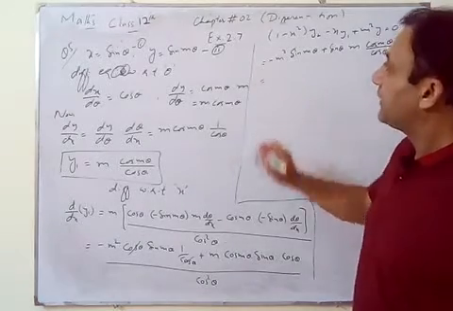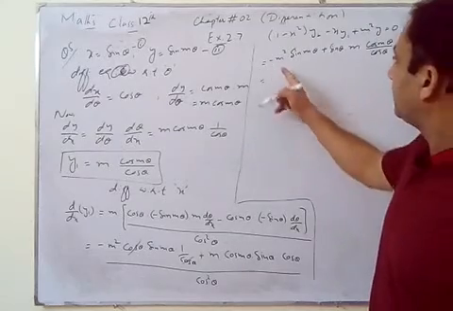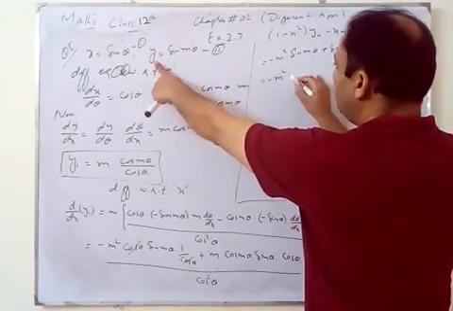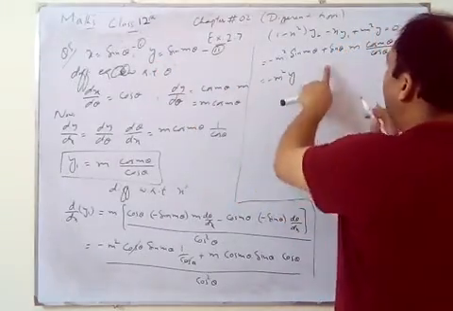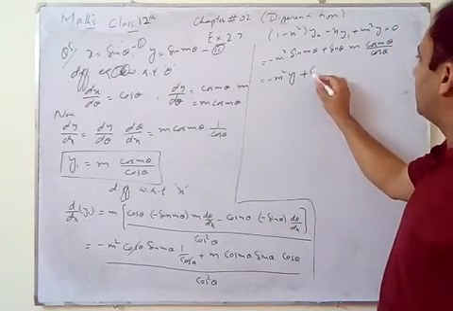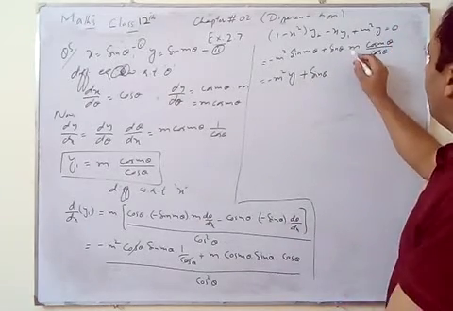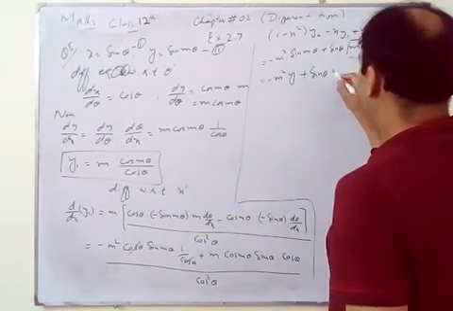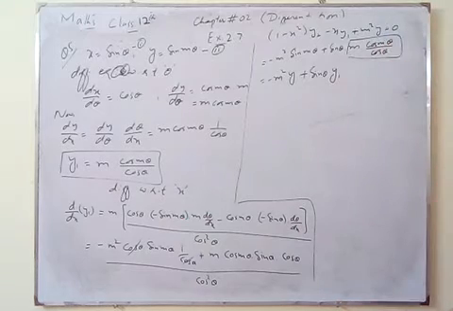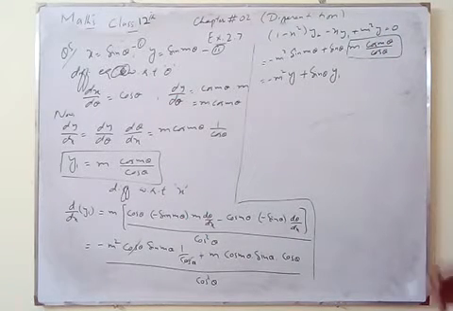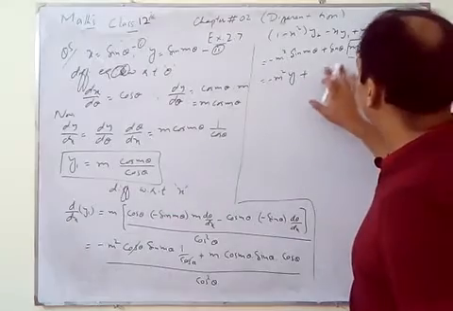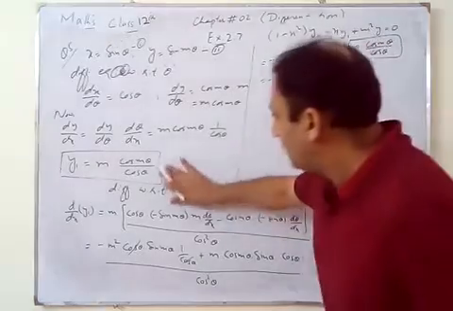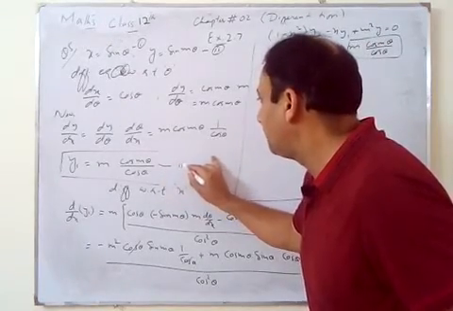Because here minus m square sin m theta is equal to y, and plus sin theta as it is, and m cos m theta divided by cos theta is y1, and this sin theta is x. So this is equation number 3.